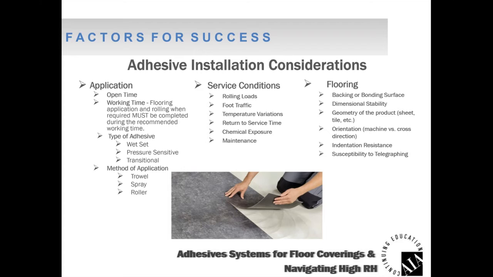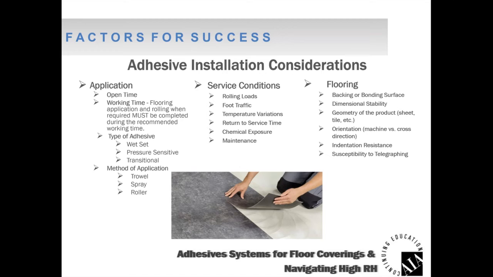Looking at what the manufacturers recommend with the type of adhesive as well as the application of that adhesive. The geometry is critical as well. Are we doing a tile or a plank, or are we doing sheet? That plays into adhesive selection and overall performance.